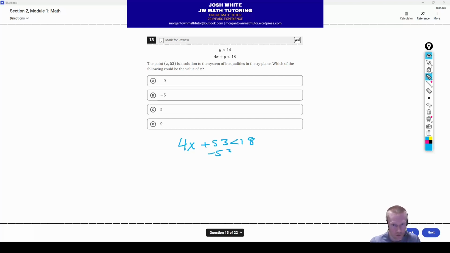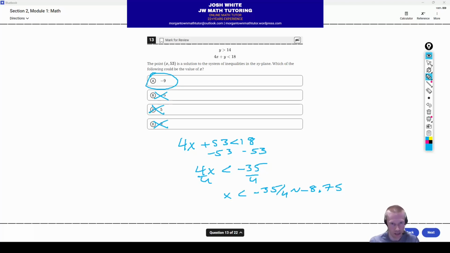If you solve that, we get 4x is less than negative 35. Divide by 4. X is less than negative 35 over 4, which is basically negative 8.75. So which of these values is less than negative 8.75? Well, not this, not this. Okay, not this. Yep. Okay, it has to be A.